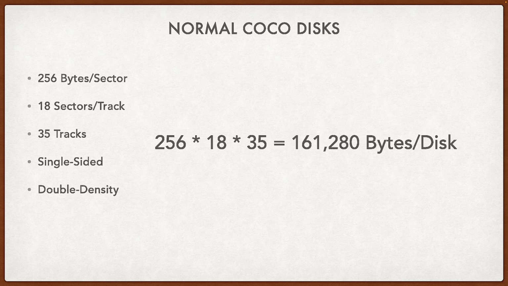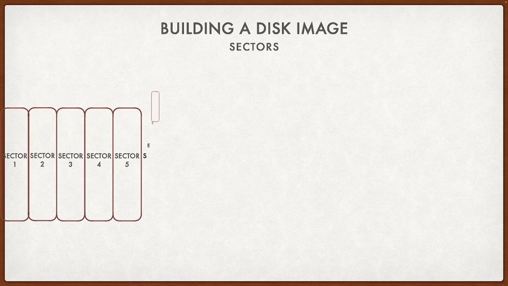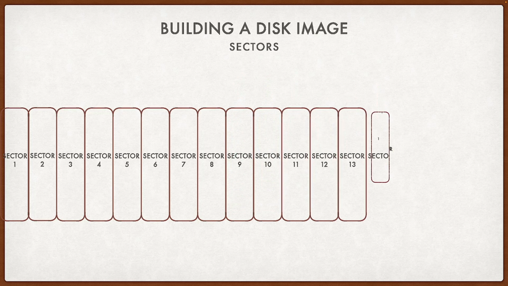So the next thing we're going to talk about is we're going to go into the virtual world. As we showed in the diagram in the very beginning, the disk spins around and around, and the sectors come by one by one as the head passes them. So when we create a disk image, an image of the disk, we do the same thing. We build sectors one by one, sort of in an array, as is shown in the animation here.